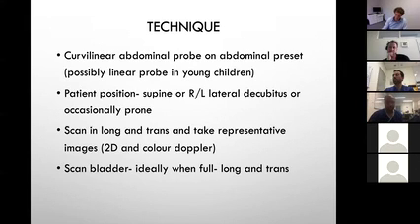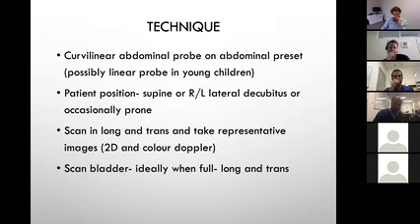You keep the patient supine, or my preference is to roll them to one side or the other. If you scan the kidneys from the back, you usually get a better image than from anterior-posterior scanning. Scan the longitudinal axis of the kidney and then turn around and take some transverse images too. You need both to get a good view.